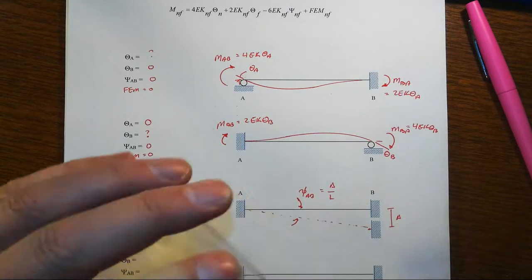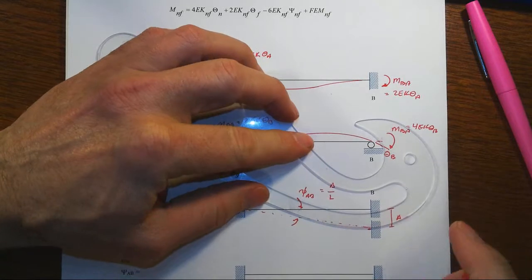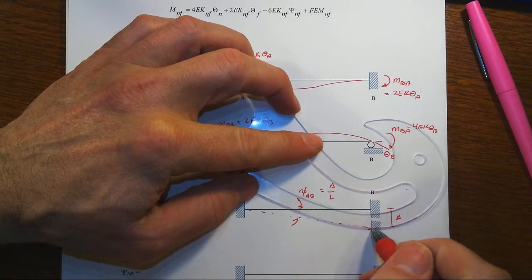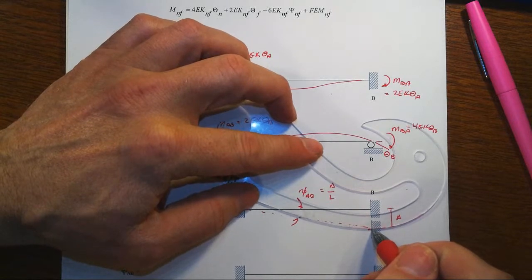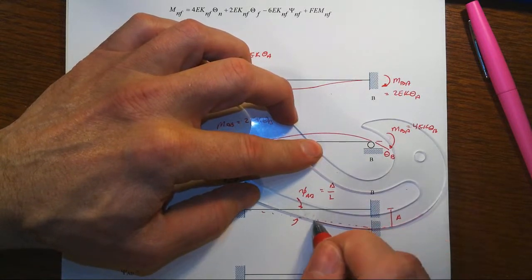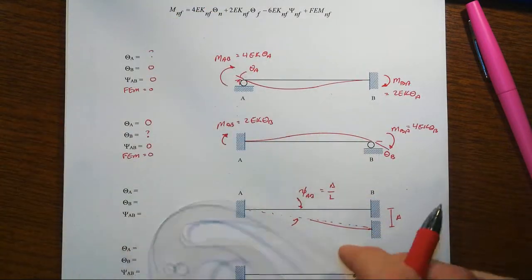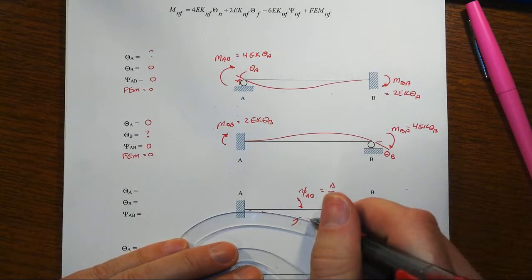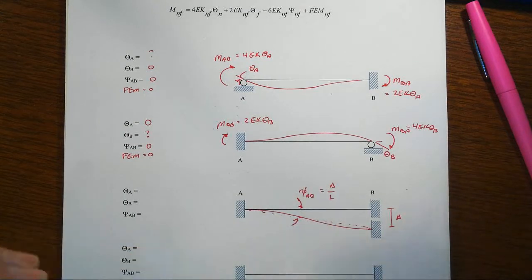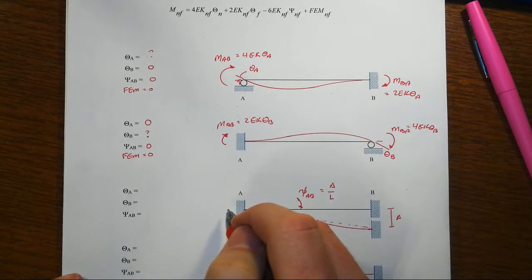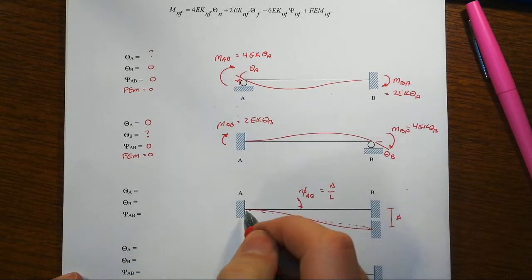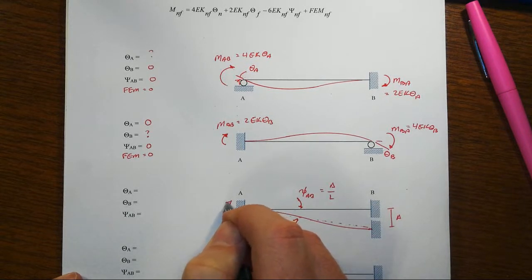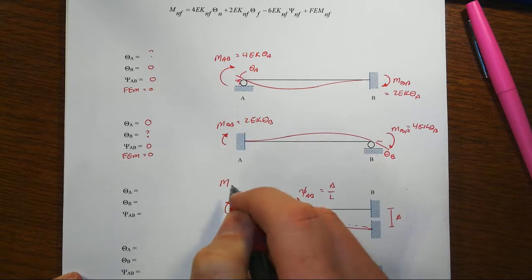Here we're going to have a symmetric deflected shape, with no rotation back here at the fixed end, and so we'll end up with an inflection point right smack dab in the center. The moment associated with that, physically it has to go into the curve, but from a mathematical standpoint I'll show it this way.